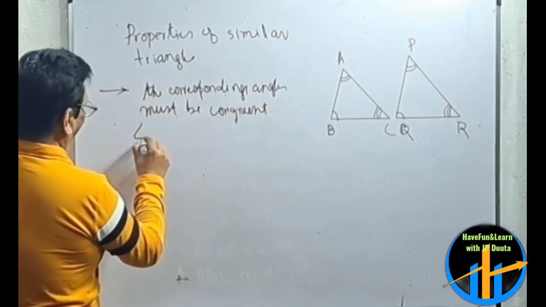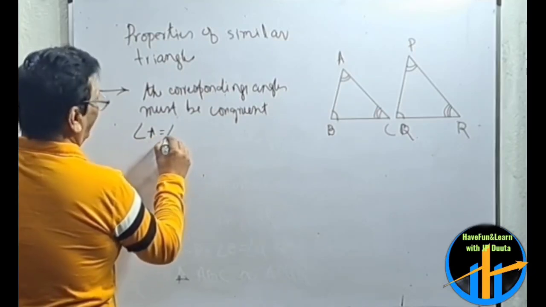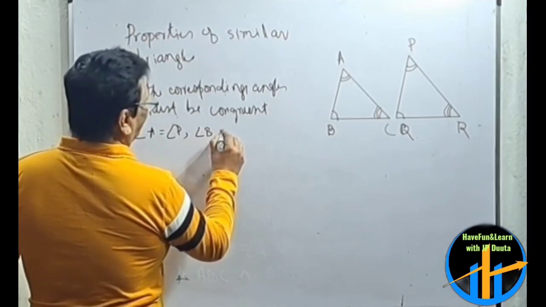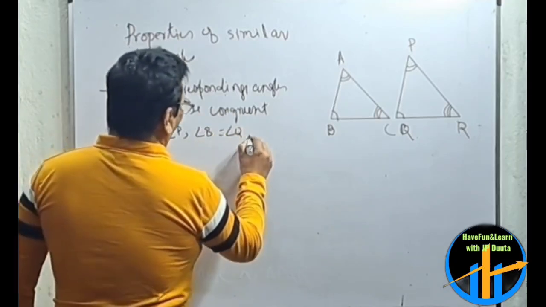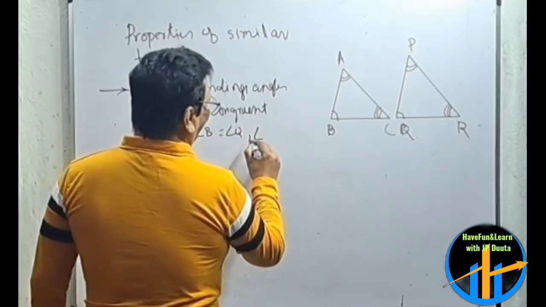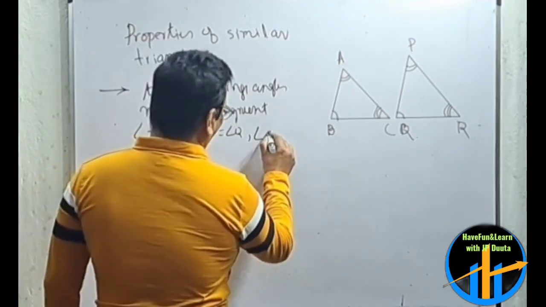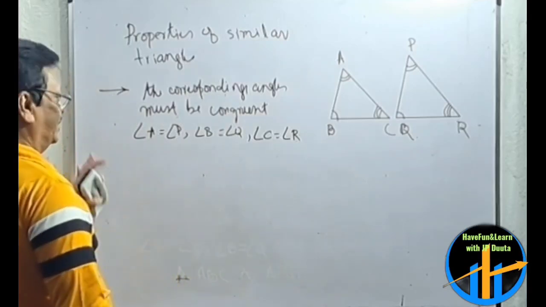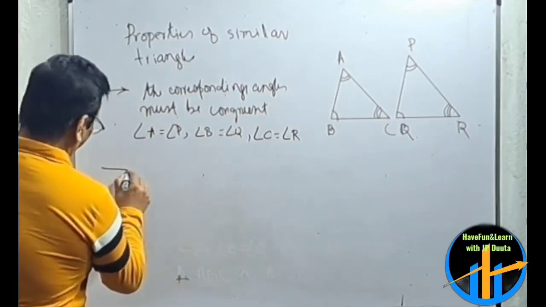Here we see angle A is equal to angle P, angle B is equal to angle Q, and angle C is equal to angle R. This is property number one.